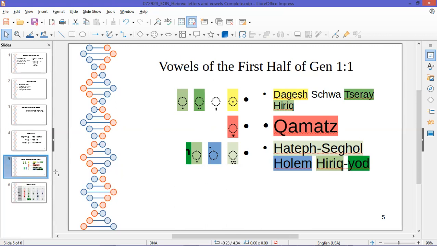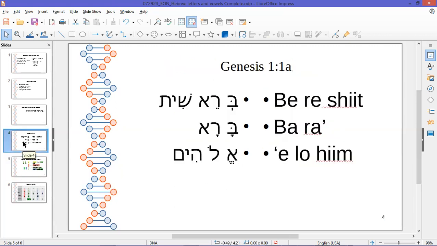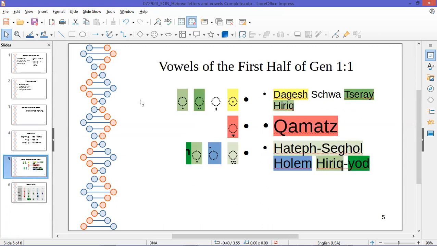It is being combined. Let's see. Beret. It's got this olive here, so that's why I didn't put nothing there. Okay, so beret, and then this shin. We've got this dot up underneath it. This dot is called hirik, and it makes the I sound.